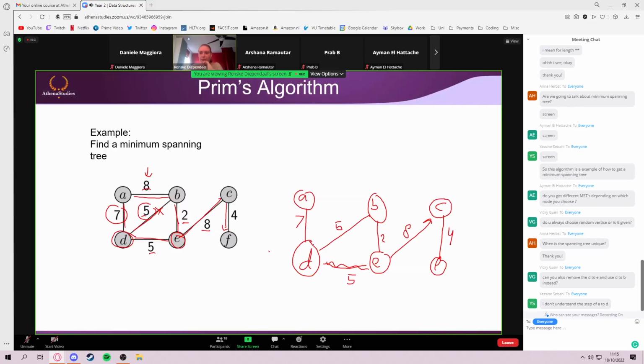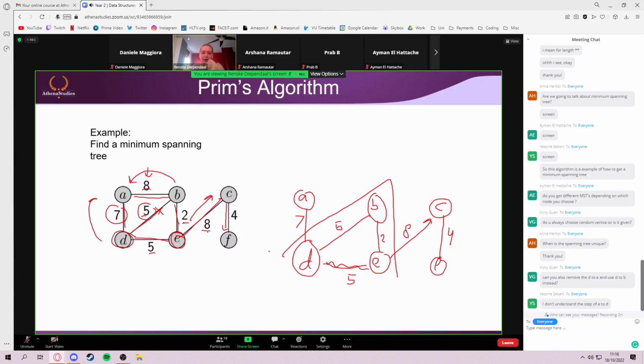Sorry, I don't understand the step from A to D. Okay, so what we had at this point was pretty much this, right? And then we look at all the possible edges that we can take next. So we could have picked D to A, could have picked B to A, or we could have picked this one. And we just need to find the shortest one.